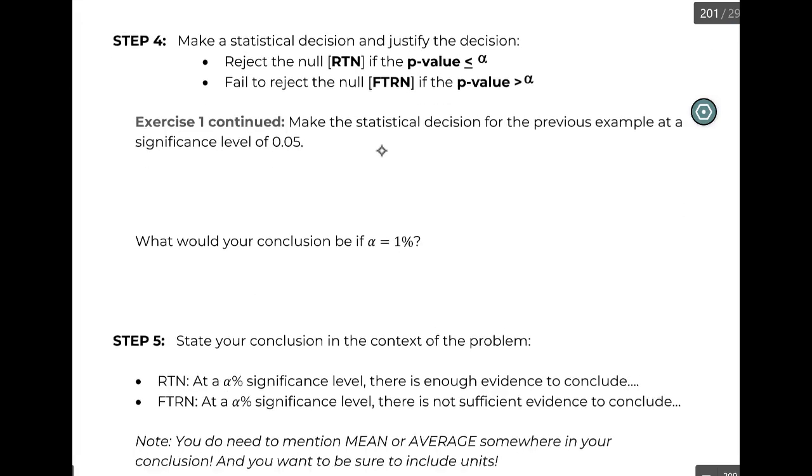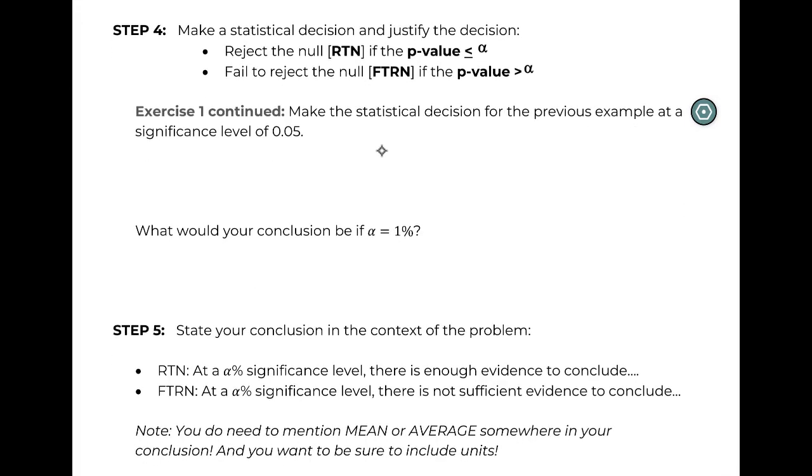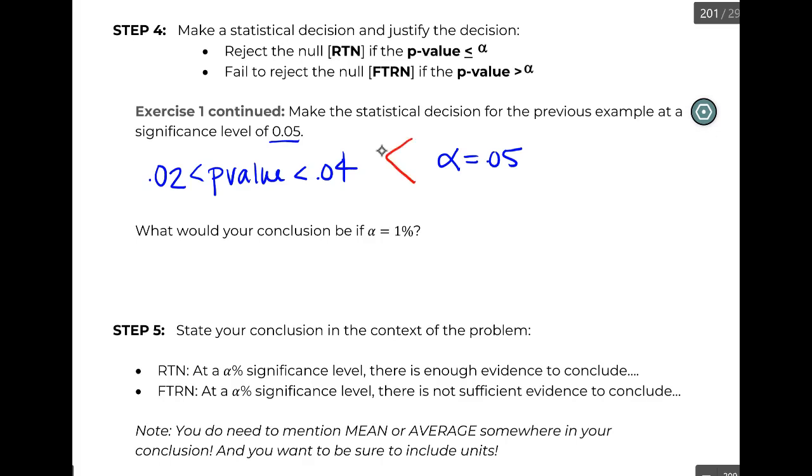All right, so step 4 is still making a statistical decision. Absolutely no differences here. And note that when you get something like we had before, a p-value within a range, those upper tail probabilities in that table are always such that you can make a decision. In this case, if our alpha is 0.05, how does 5% compare to 4%? Well, our p-value will be lower and we reject the null.